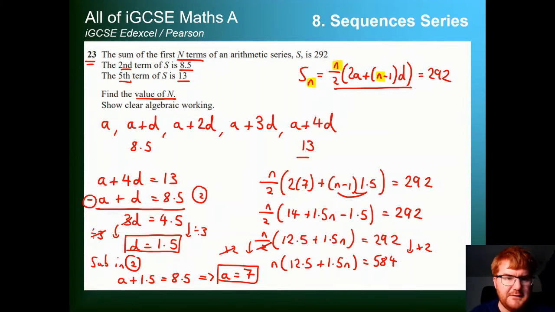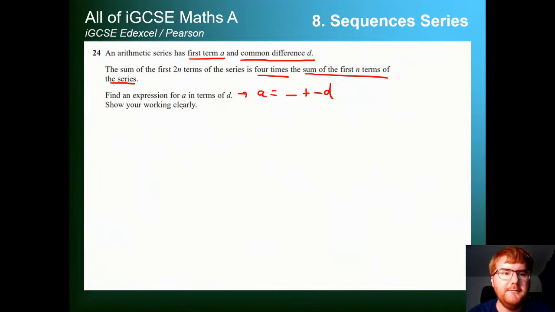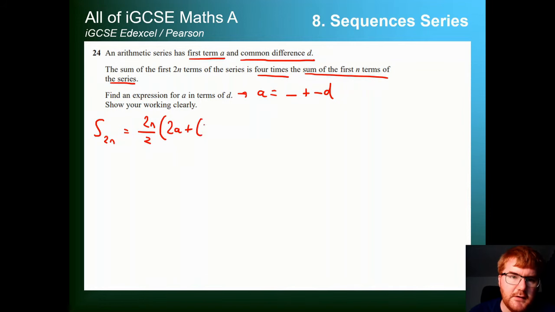So that's what I'm going to write down now. So we have S of 2n, so we then get 2n over 2, (2a + (2n - 1)d). So notice wherever I saw an n before, I'm now putting a 2n.